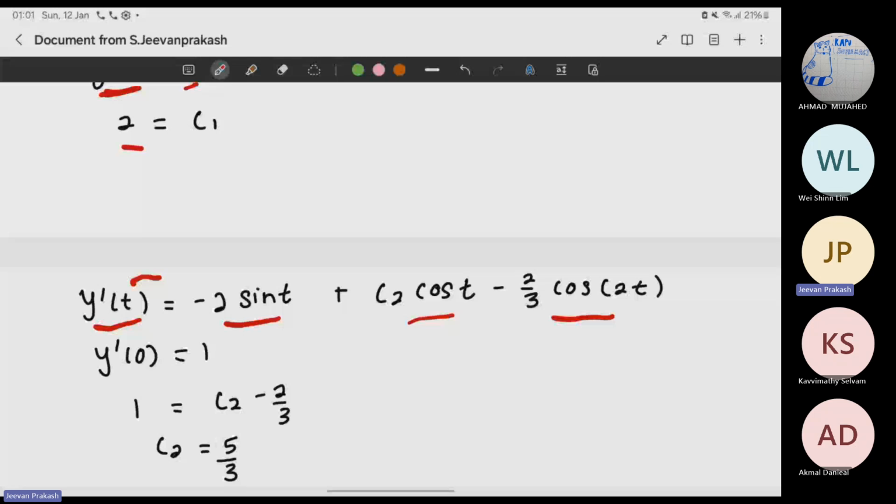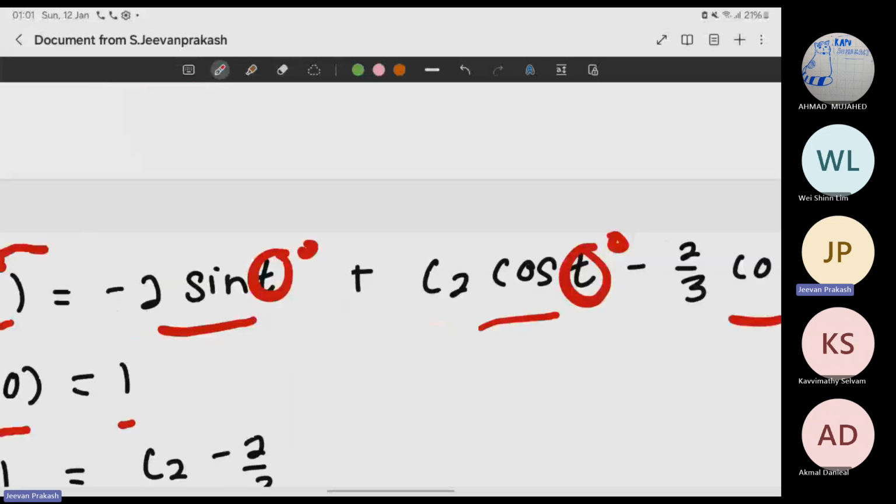So 1 equals c2 minus 2 over 3, because when we substitute t with 0, cos 0 equals 1 and sin 0 will become 0. So this is eliminated and we focus on this.